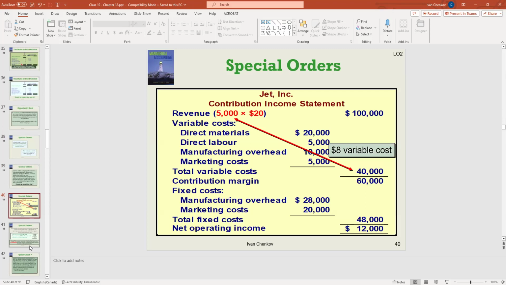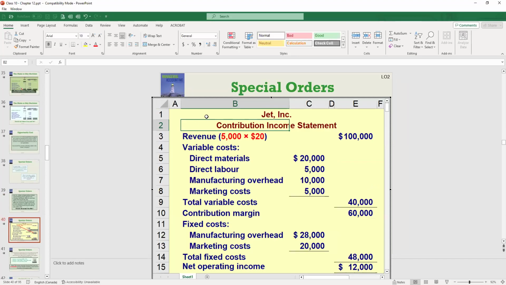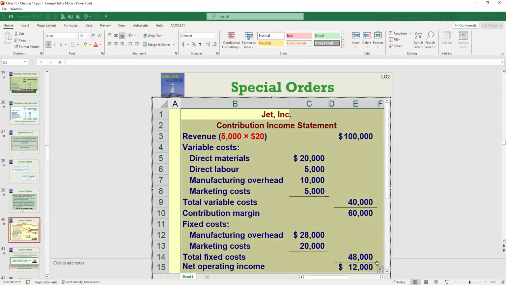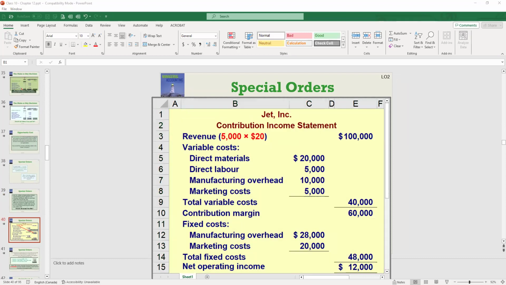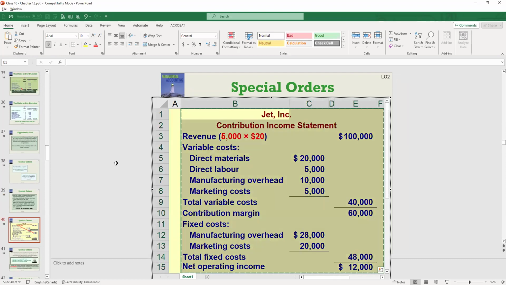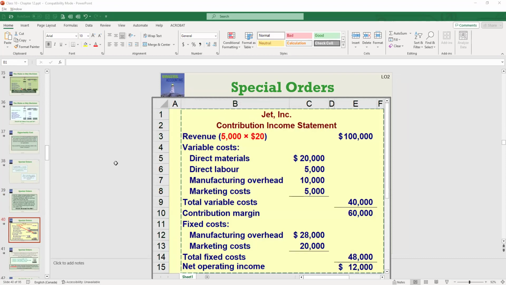The question is, what's going to happen if we produce and sell 3,000 more at $10 per unit? Well, let's see. I'm going to flip to the Excel spreadsheet that we use, the Excel that we have prepared.